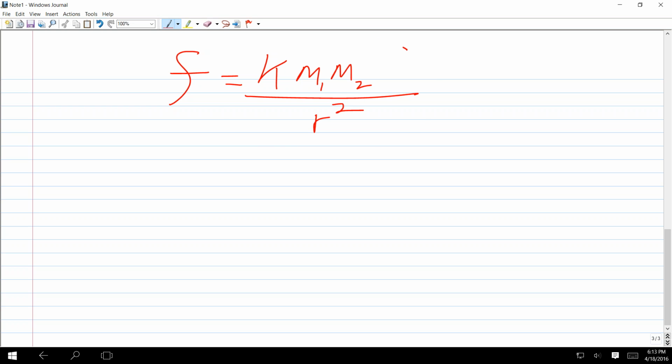Well, another way I could say that would be that the force is directly proportional to the product of the masses, but inversely proportional to the square of the distance between the masses.